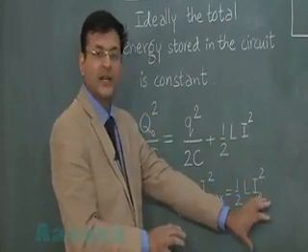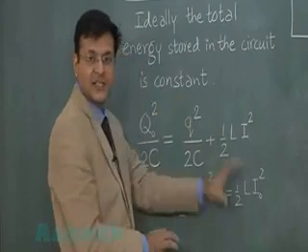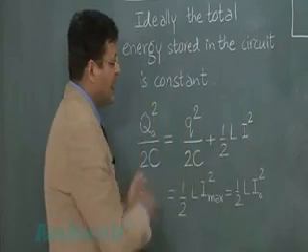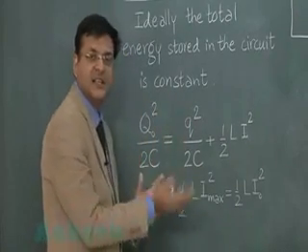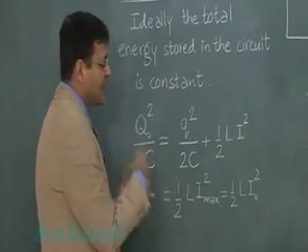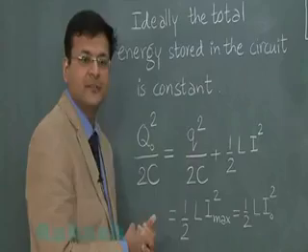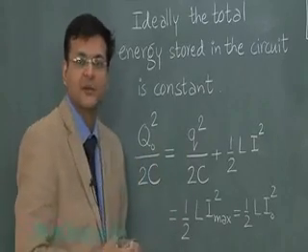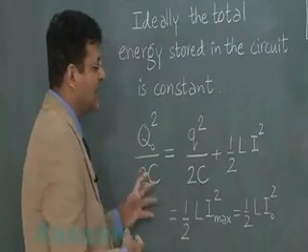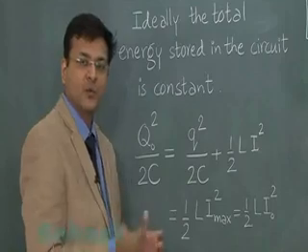goes finally to the inductor, it comes back to the capacitor, energy keeps shuttling, and at whatever frequency this energy is shuttling, that decides the frequency of the electromagnetic wave which will be generated from this LC oscillation, and that you have already calculated: 1 by 2 pi under root LC.